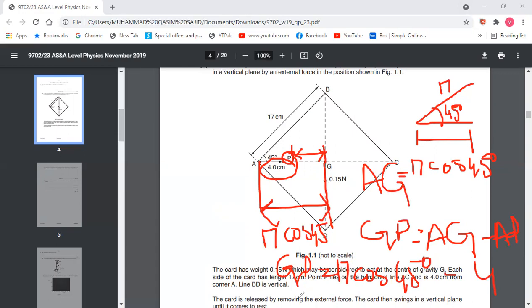From here we can find the value of GP. After the calculation, GP is approximately equal to 8 centimeter. Is this clear? Yes.